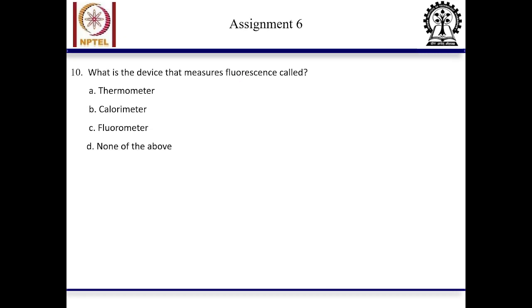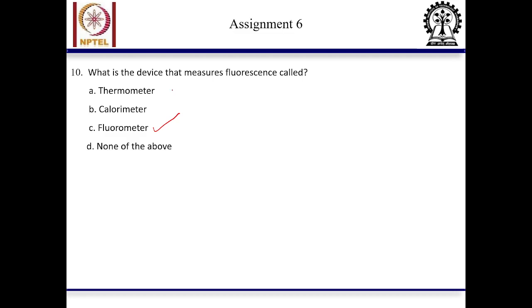Thermometer, calorimeter, none of the above. This is a very simple question. Yeah, option C. Anyone else who can say that option C is not correct? Okay, so the answer is actually option C.